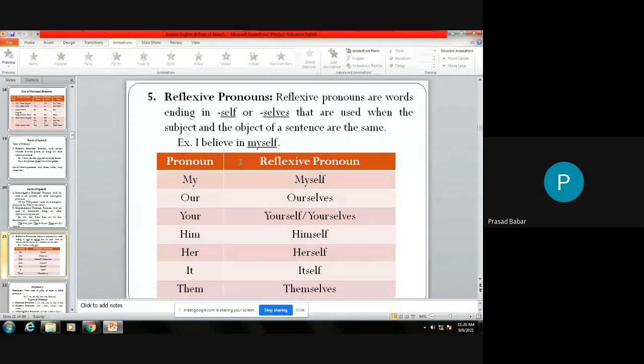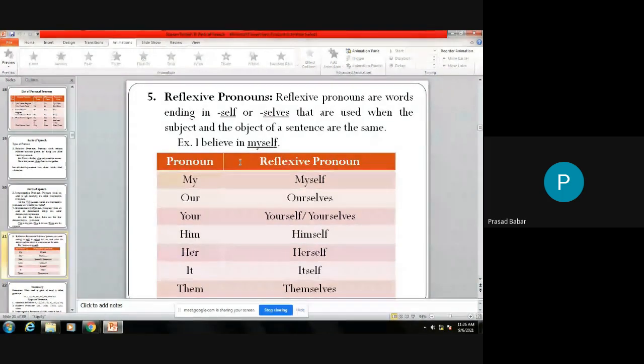Some of us have the habit of starting our introduction with myself. Myself Prasad Babar, or myself Sanket Pawar, and so on. So we start with myself. And that is why myself, ourselves, yourself, yourselves, himself.